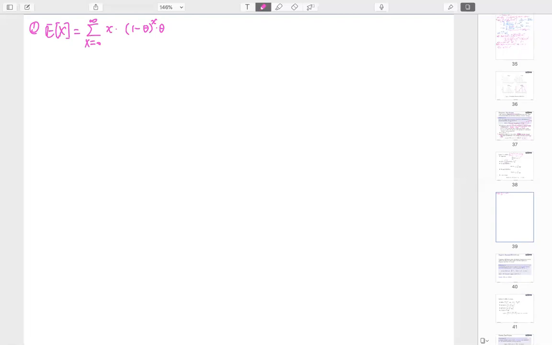There are different ways to solve this. One possible way: first of all, theta is a constant, so you can take out theta if you want, and I can start with 1 because if x is 0, the term is 0.